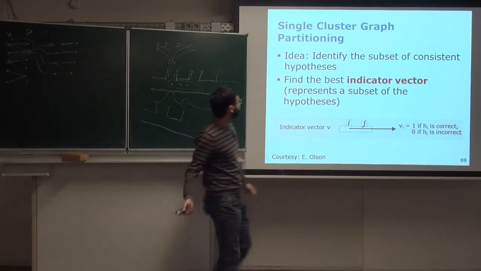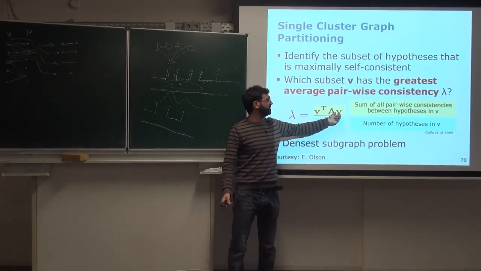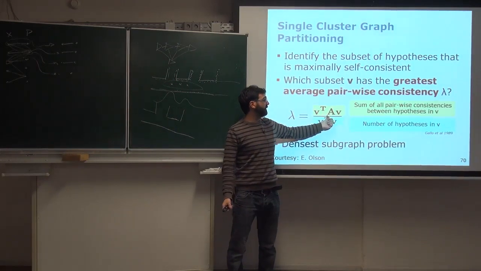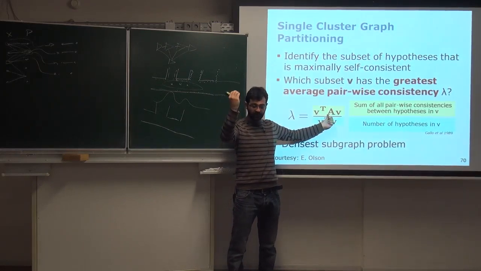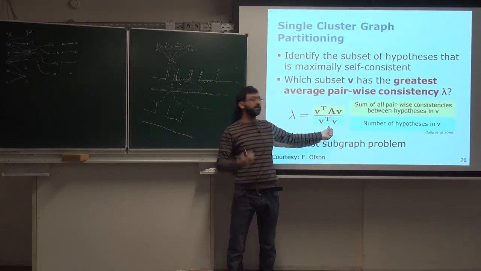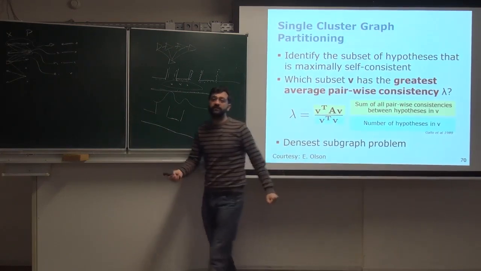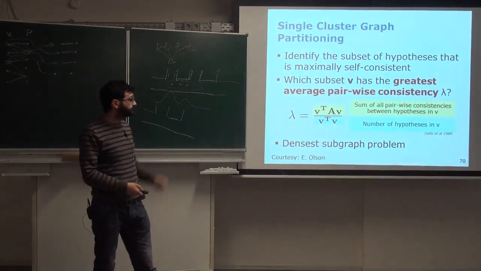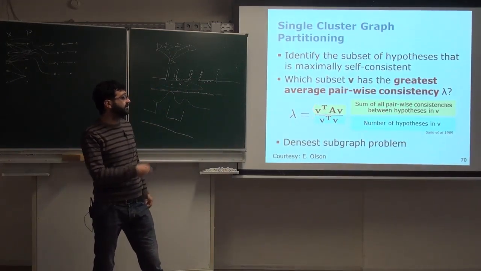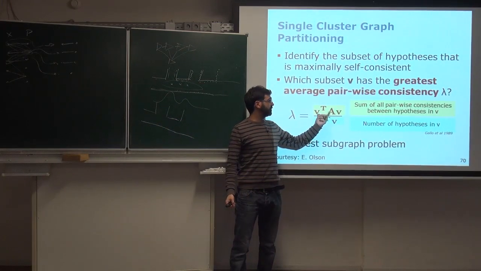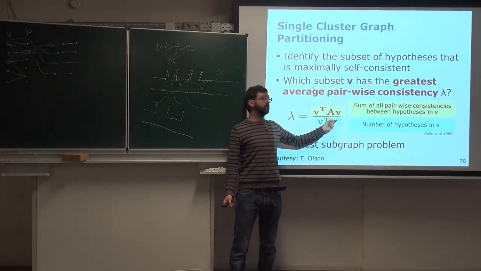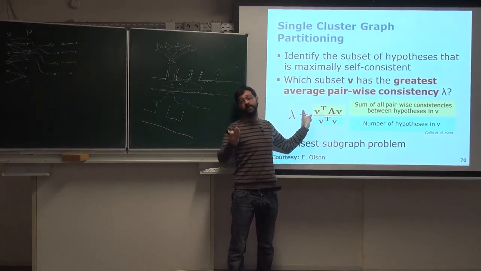So in principle, this sums up everything in the matrix where i and j are different than 0. You normalize it by the number of elements that you have there, and this gives you a score of pairwise consistency. So in principle, if this selects inconsistent matches, A is very high, this is very high.